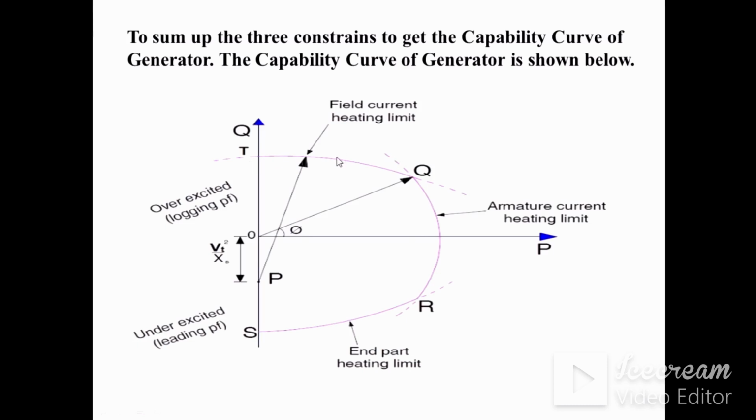So these are totally summed up and plotted on the PQ plane. As it is, we have summed up the curves of the field current heating limit and the armature current heating limit. So we will now sum up following all the points which we have seen and observed in the three limits.